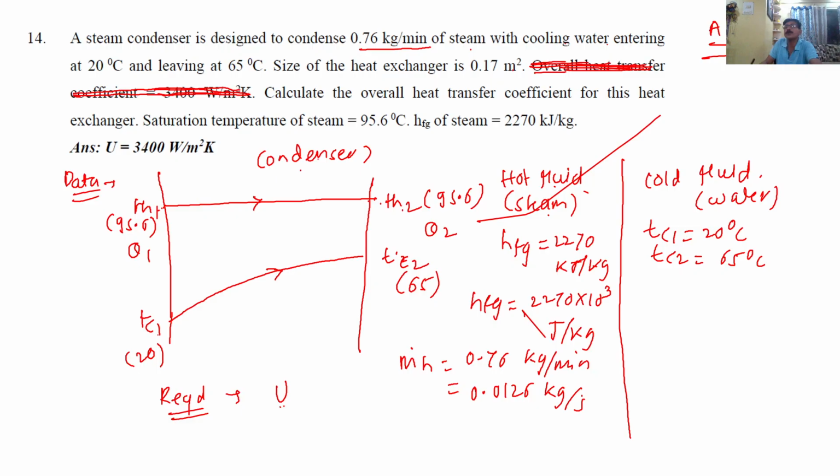Now the next job is to calculate the number of transfer units, denoted by NTU. The formula for that is UA upon C minimum. So let's check whether we know U, A, and C minimum. U is known to you: U is given as 1000. Area is also known, 12.